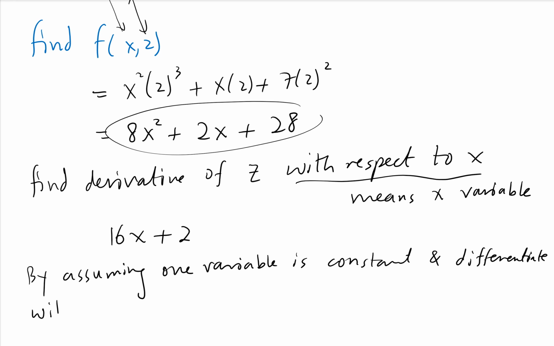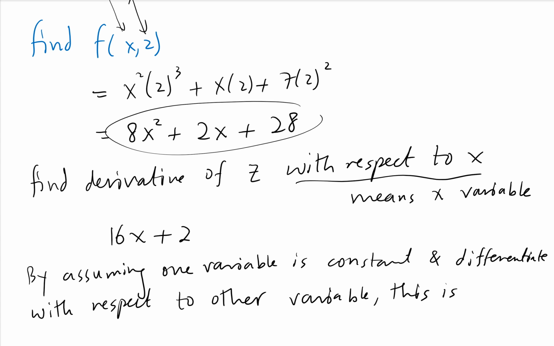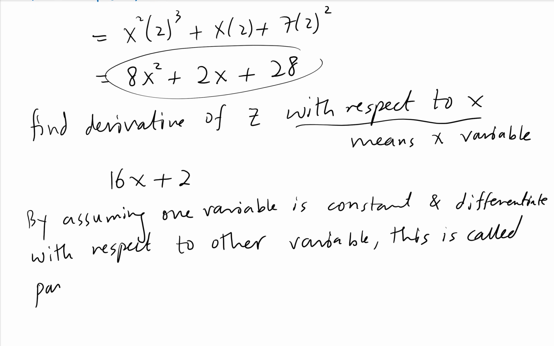We differentiate with respect to the other variable. And this is called, in calculus, partial derivatives. You are differentiating only with respect to one variable, not two variables or three.